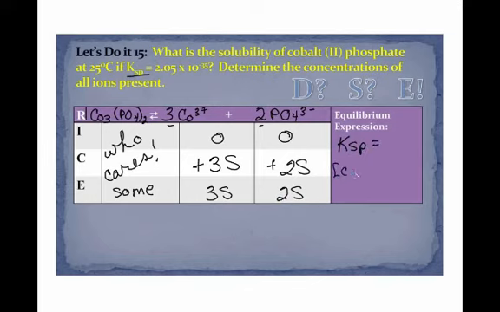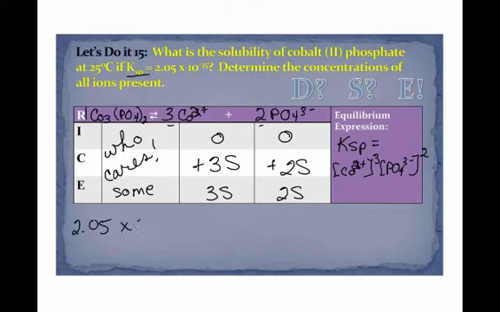KSP is equal to my concentration of cobalt ion. Whoops, that should be a 2, not a 3. I just caught that. Sorry about that. 2 cubed times my phosphate squared. I'm glad I caught that before it confused you in class. All right, we're given KSP.